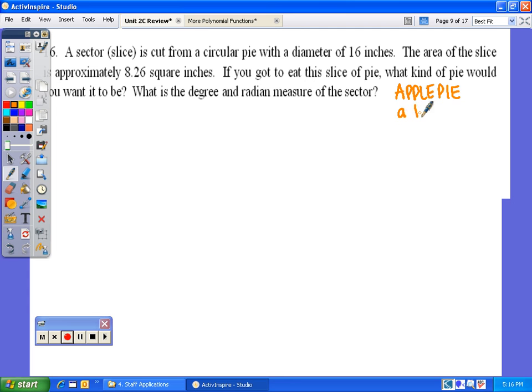A la mode. Because apple pie a la mode is so good. You just get some really good vanilla ice cream, and then you heat up your apple pie a little bit and put some ice cream on it. It is to die for. Alright, so aside from breaking out of character for a sec, ooh, that looks like an egg.